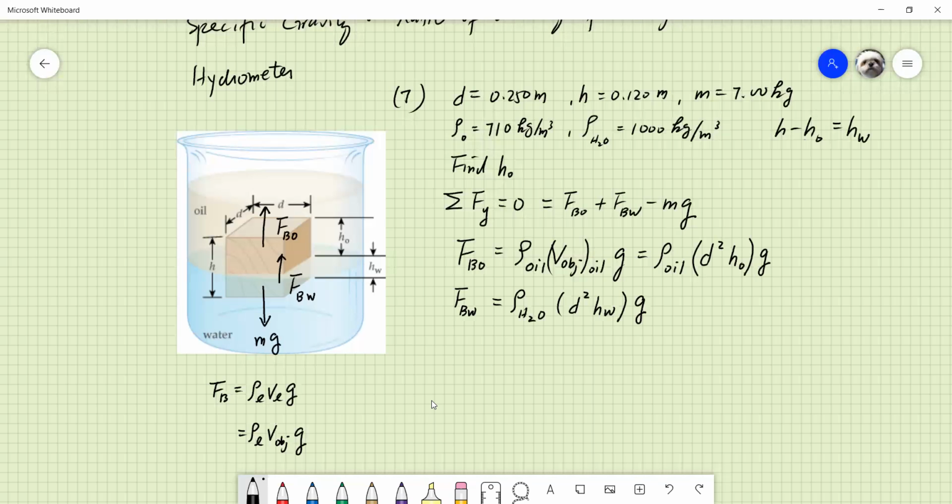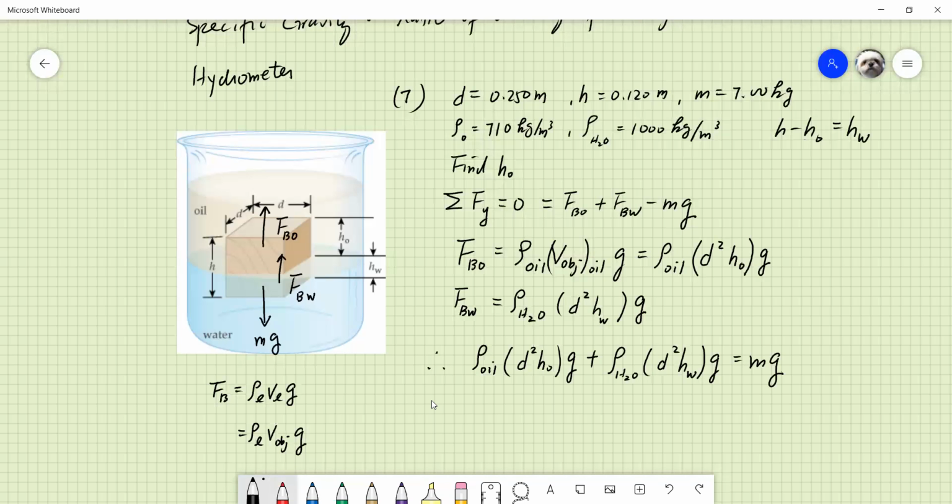So therefore, I can write FBO plus FBW: the density of the oil times D squared times HO times G, plus the density of the H2O times D squared times HW times G, equal to mg.